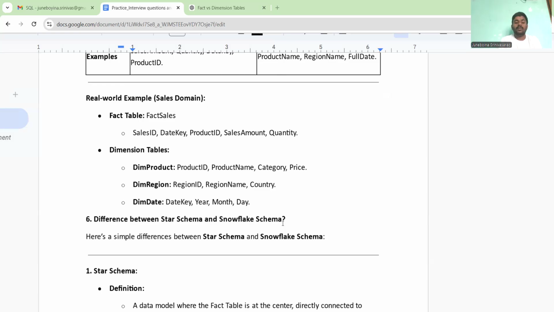The columns in dim product are product ID, product name, category, price. Dim region. The columns in dim region are region ID, region name, country. Dim date. The columns presented in the dim date dimension table are date key, year, month, and day.